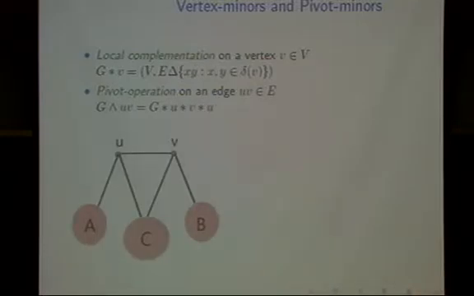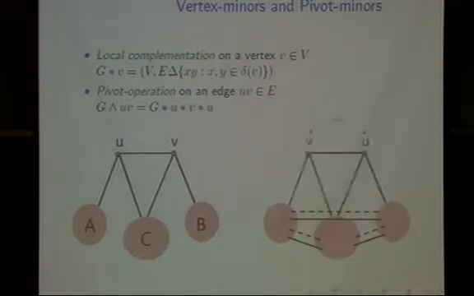If you have an edge uv in the graph, you find the sets A, B and C such that A is the set of all vertices which are adjacent to u but not v, B is the set of all vertices which are adjacent to v but not u, and C is the set of all vertices adjacent to both of them. Then take edge complementation between the sets A and B, B and C, and C and A, and you swap the vertices u and v.